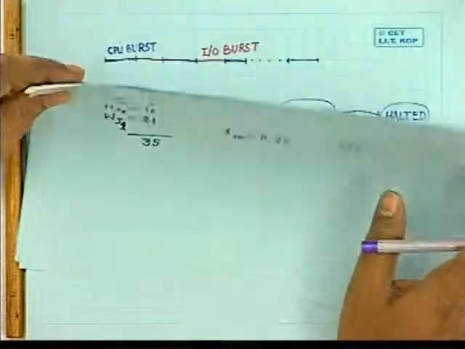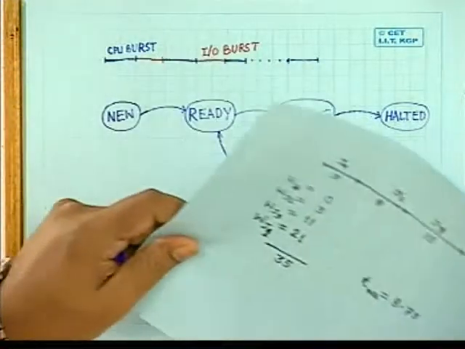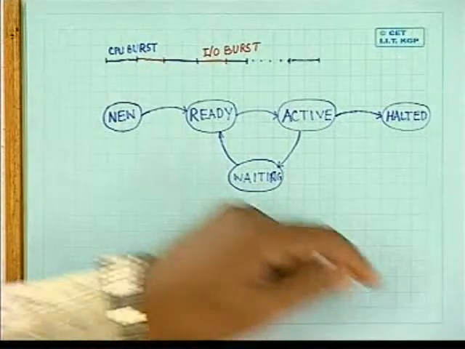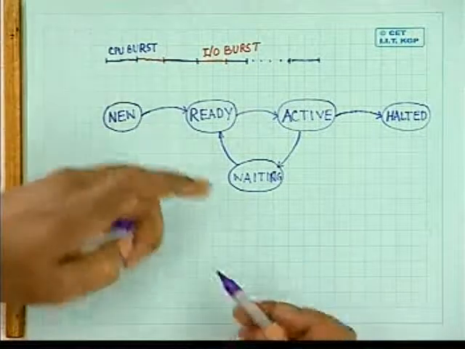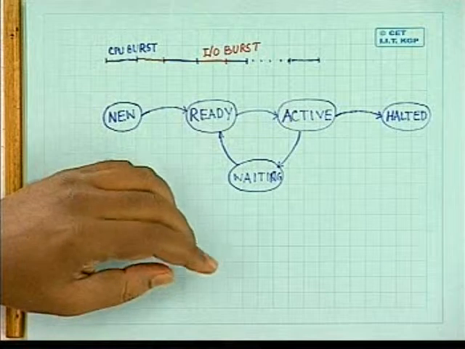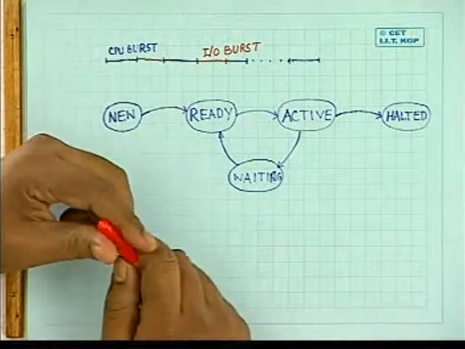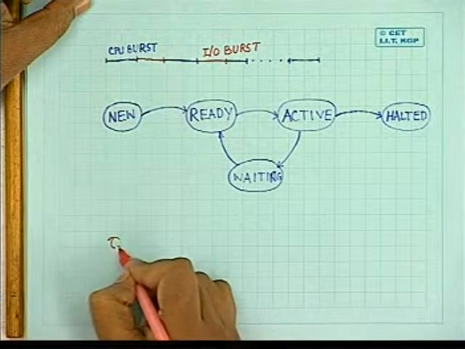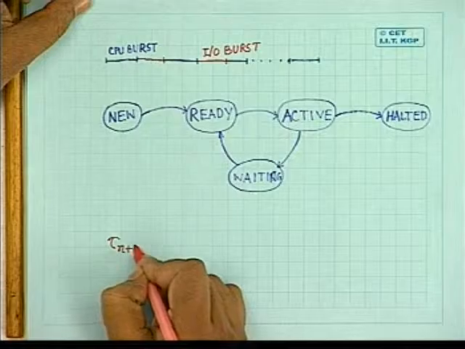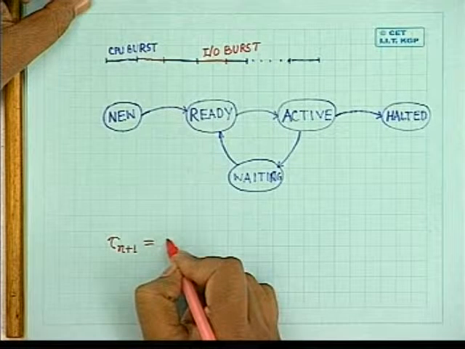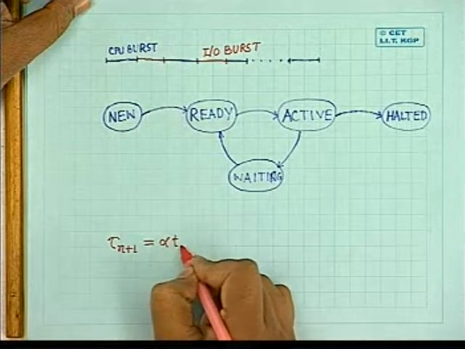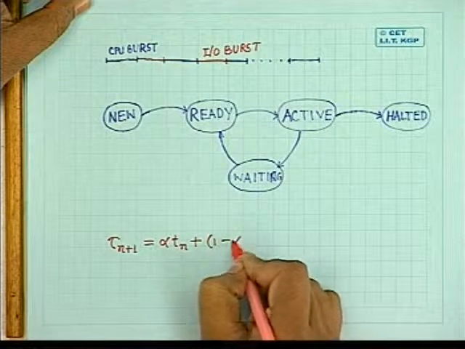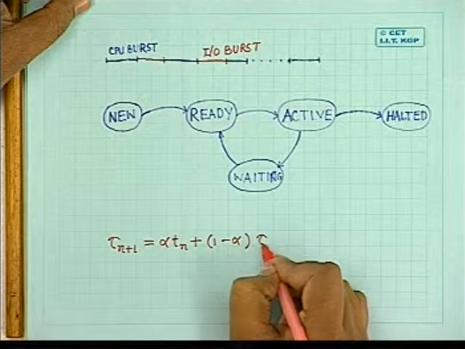Okay. So we have to go for some prediction of the next CPU burst time, and for that you use a predictor, and the predictor is of this form. For shortest job first, tau n plus 1 is equal to alpha times T n plus 1 minus alpha times tau n.